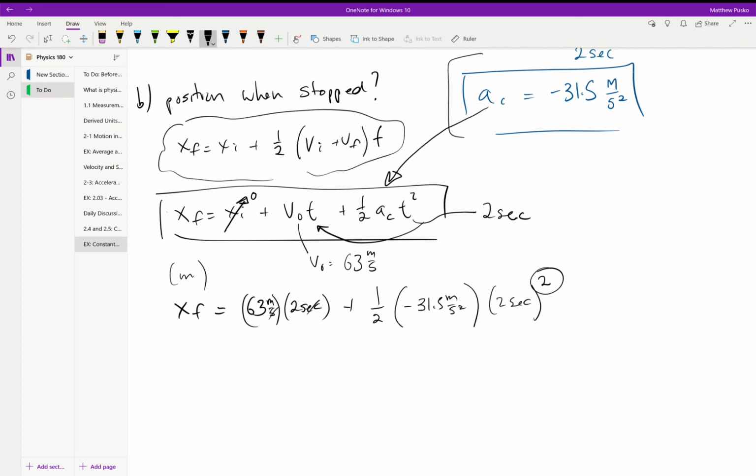Well, let me pull out my calculator real quick. 63 times 2, I didn't really need a calculator for, but still. 126, and then I get 2 times 2 times negative 31.5, all divided by 2.